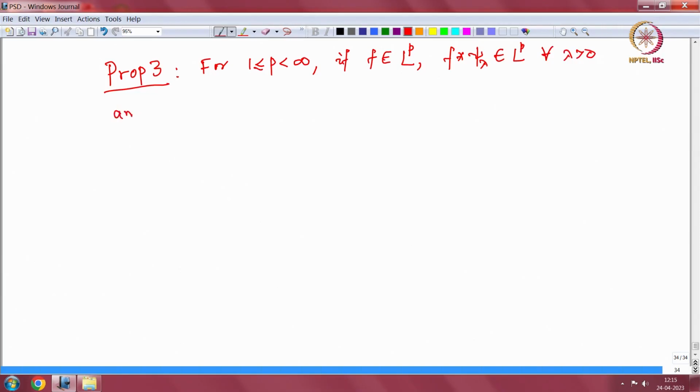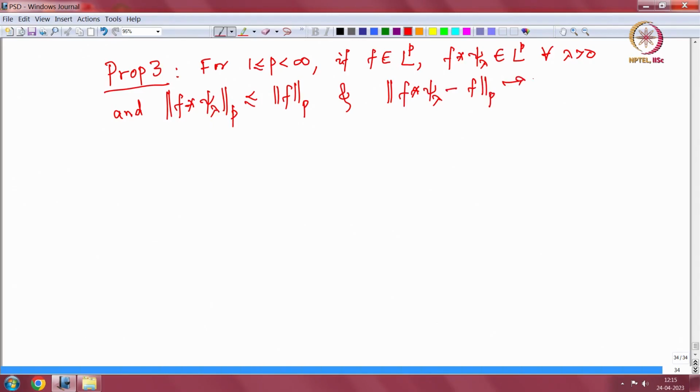And this is important. So we have this estimate: the LP norm of f star psi lambda minus f tends to 0 as lambda tends to 0.